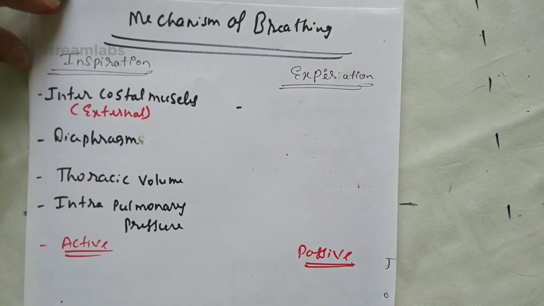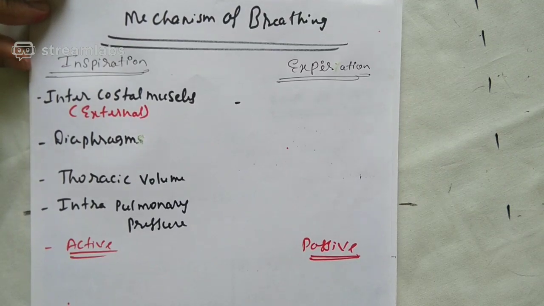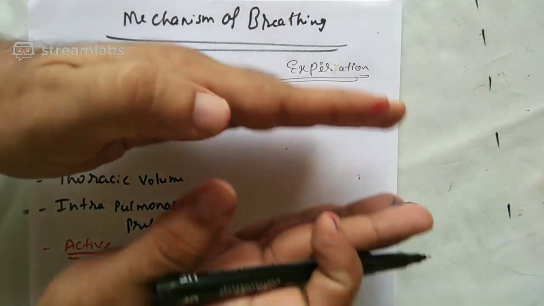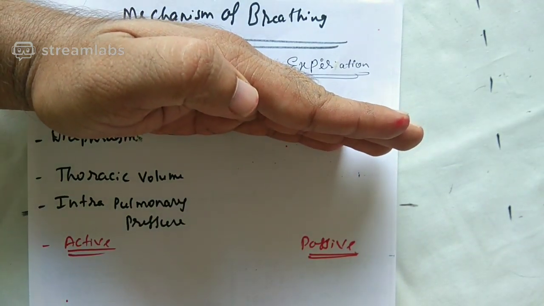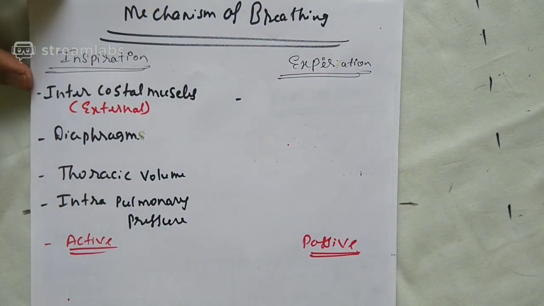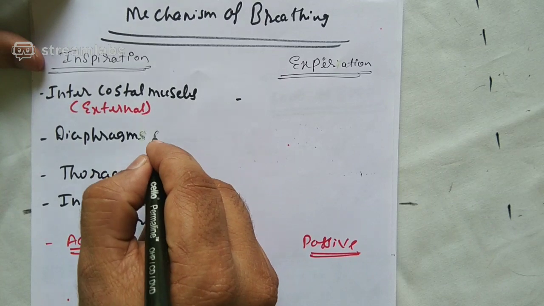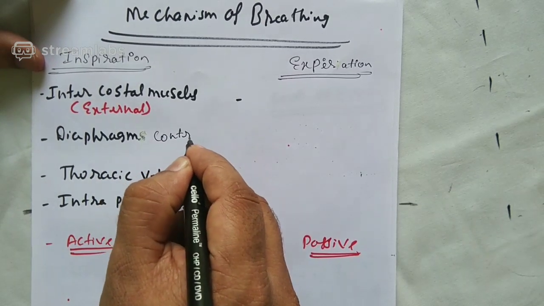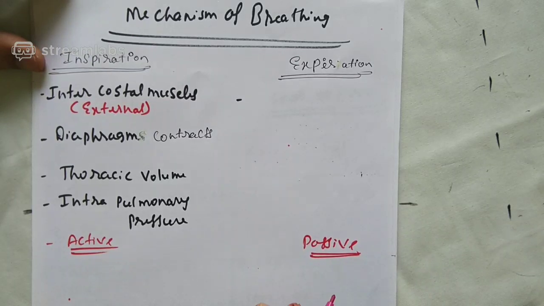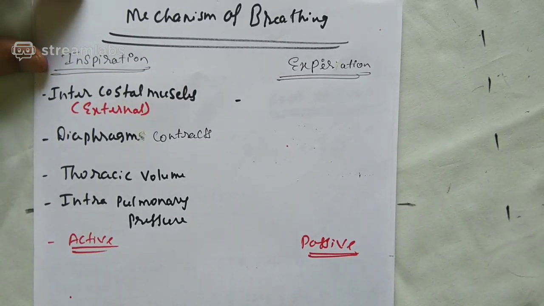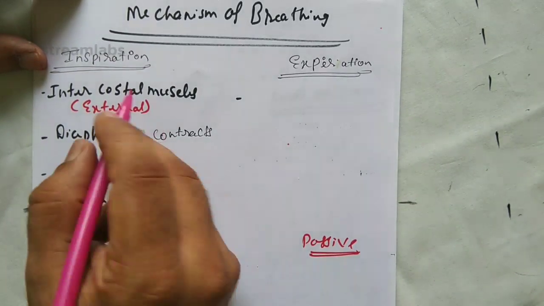See here friends, I told you, this is the anterior posterior portion. When the posterior portion is coming down, it means the diaphragm is contracting. Diaphragm contracts means the thoracic volume has increased.